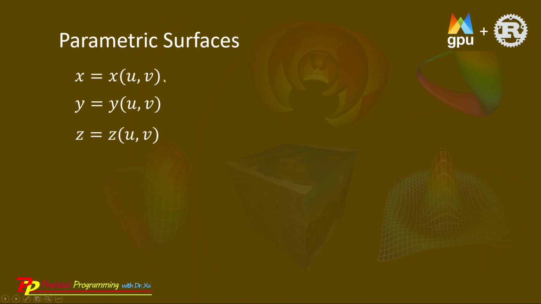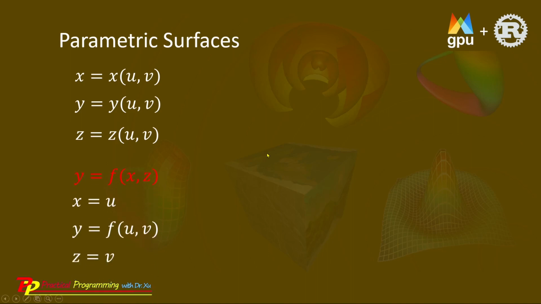Here, u and v are parametric variables. Many complex surfaces can be represented using these parametric equations, such as the sphere, torus, Klein bottle, and so on. In fact, the simple surface is just a special case of the parametric surface.